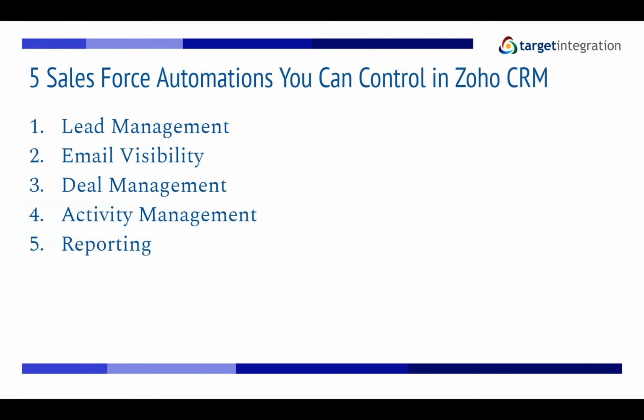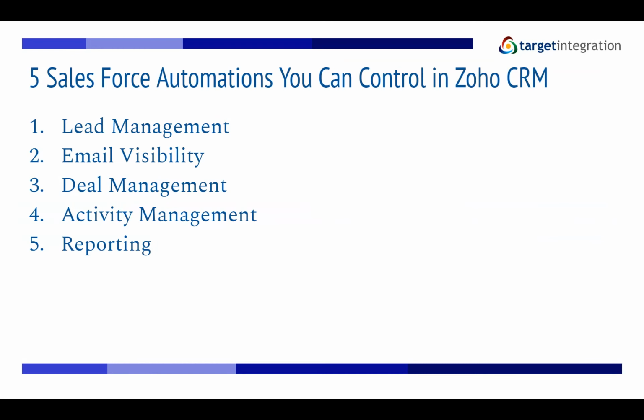I know there is a lot of sales automation in Zoho, which is why we'll just be focusing on these five today, because if I was to tell you all about the automations Zoho has, we'll be here all day. So let me just focus on lead management, email visibility, deal management, activity management, and also reporting.